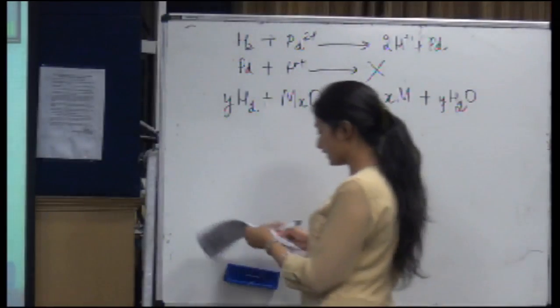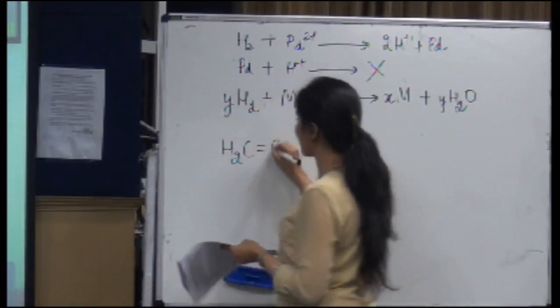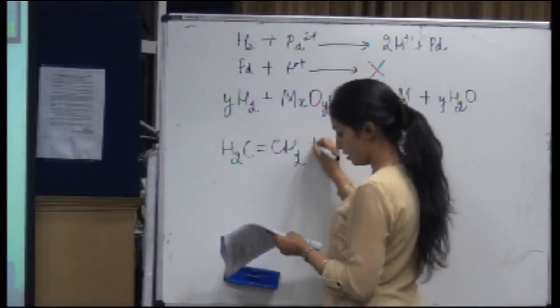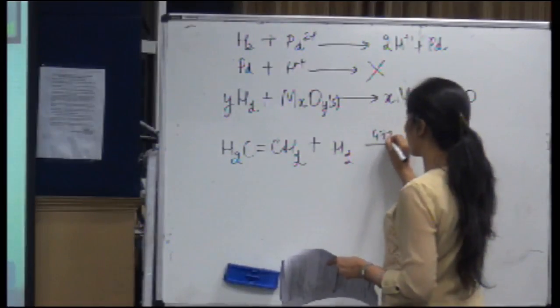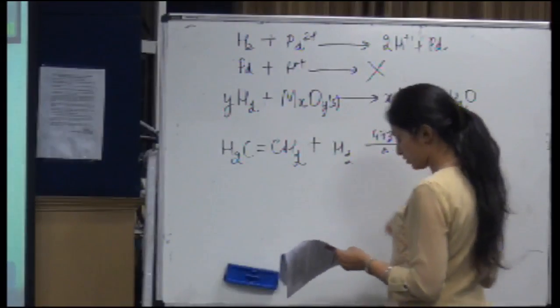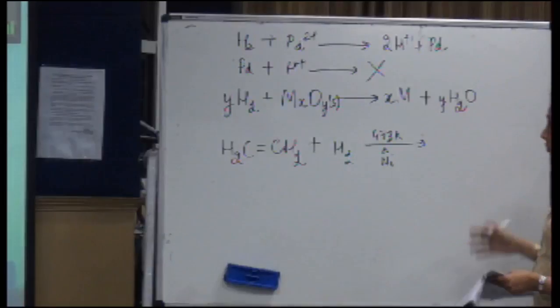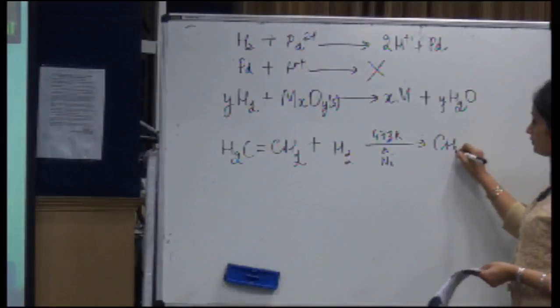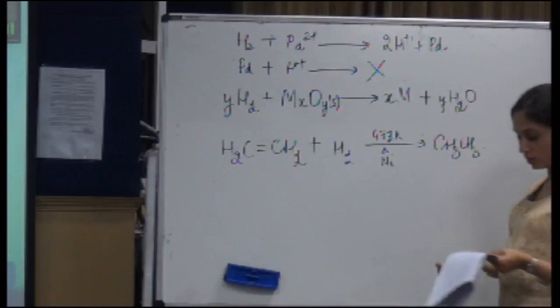So if I give you a reaction of CH2=CH2, this is your ethene, plus H2 at a temperature of about 473 Kelvin, heating it in the presence of a catalyst, nickel, palladium, platinum, anything. So what do you get? Ethene gets converted to ethane.